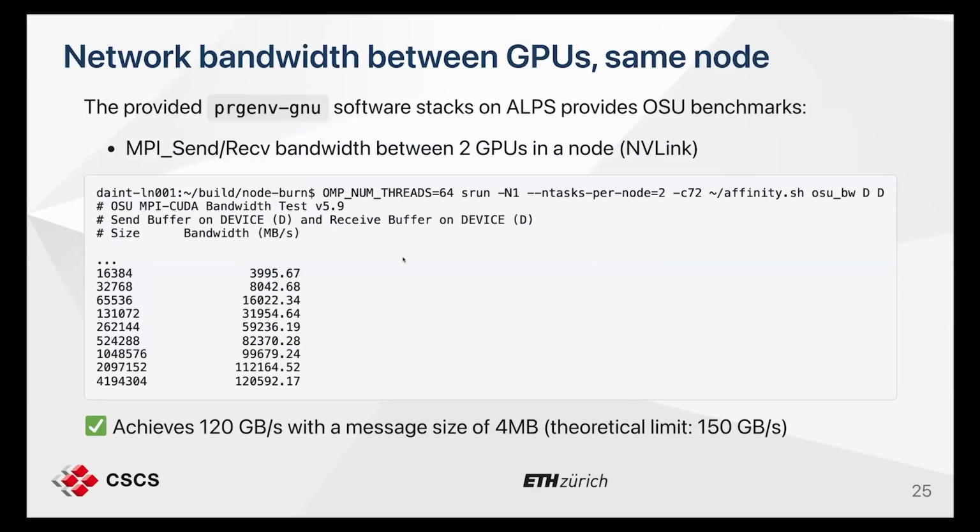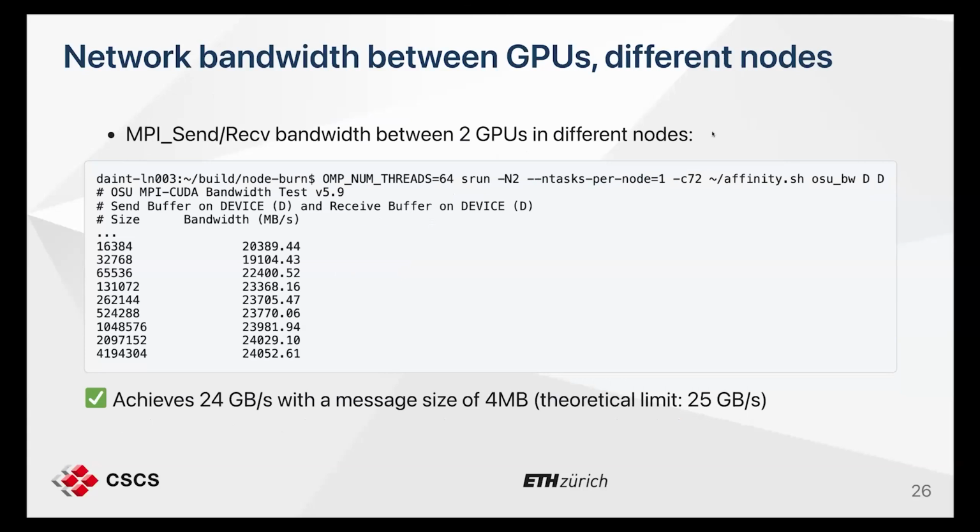Okay, so 2 more slides. We also measured network bandwidth between GPUs on the same node. We run in this way, right? I've put the affinity script here just to show how to use it. And it achieves around 120 gigabytes per second with a message size of 4 megabytes, which is basically the NVLink theoretical limit that we saw on the first slide, because within the same node it goes through NVLink GPU to GPU, and that's what you get.